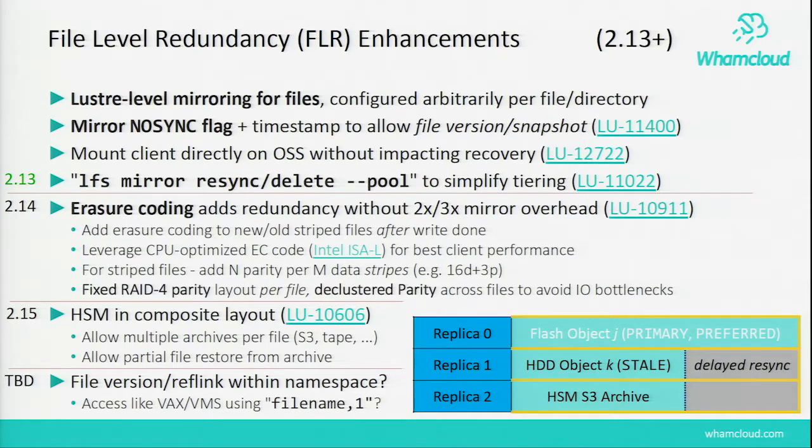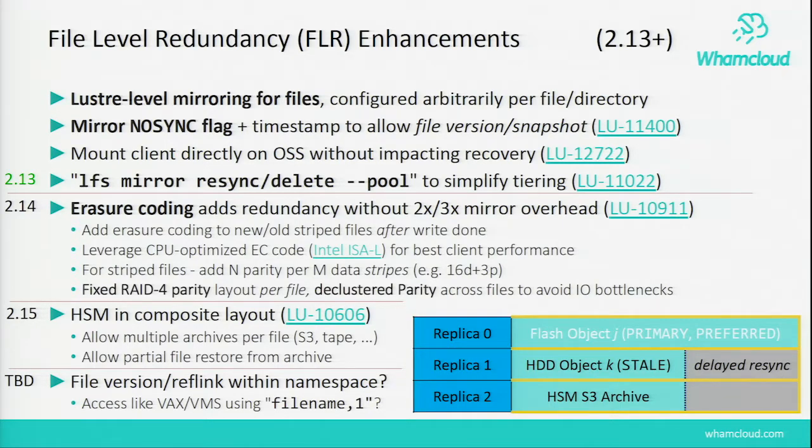The next big feature or phase of the FLR development is erasure coding. So instead of doing full file mirroring, it will be possible to add striping, essentially a parity stripe or 2 or 3 onto an existing striped file. And so that will allow you to have availability without 2 or 3 times overhead compared to the mirroring.